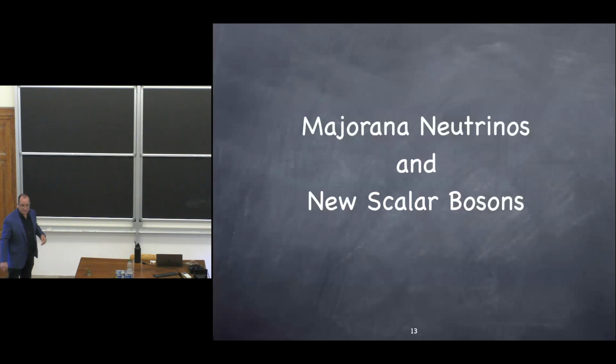Now, imagine, forget everything and try to go back to the standard model again and ask a very simple question. Can I add just one field, only one field, to the standard model and be able to generate Majorana masses for neutrinos?